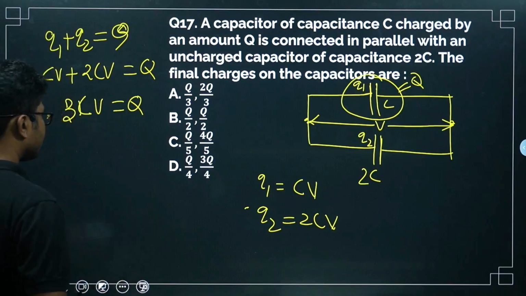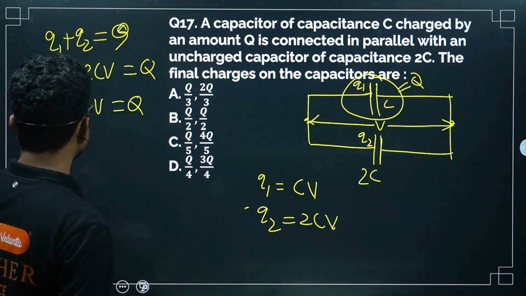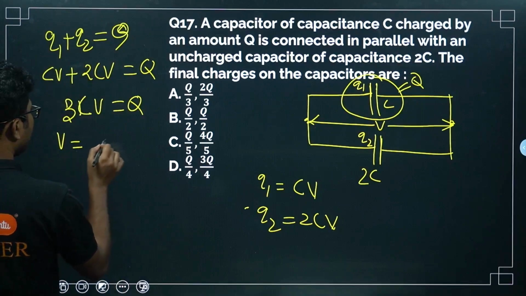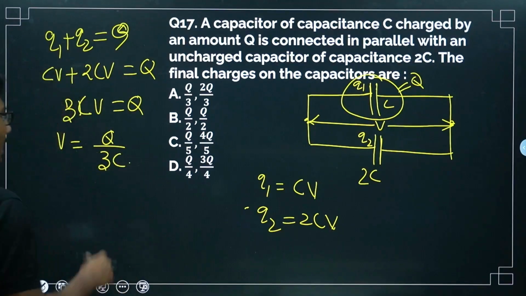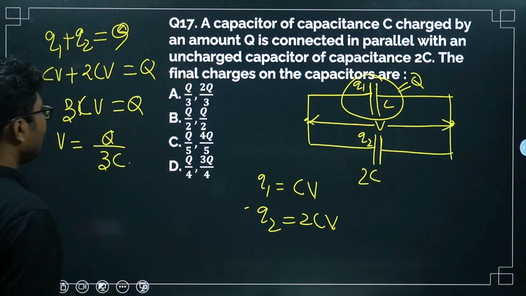Now we have calculated the voltage. Voltage is Q by 3C. Now you can calculate the charge.